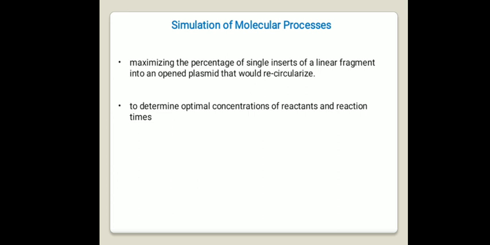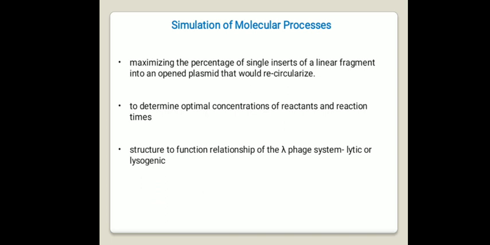Another program simulates the structure to function relationship of the lambda phage system as it decides whether to reproduce in lytic or lysogenic mode. Researchers used an artificial intelligence based knowledge-based system to build a completely transparent simulation system containing information about genes, proteins, protein products, and control loci in lambda.